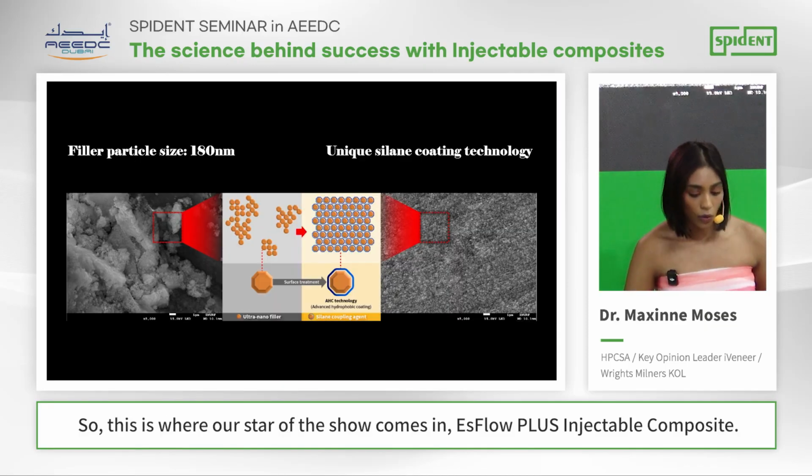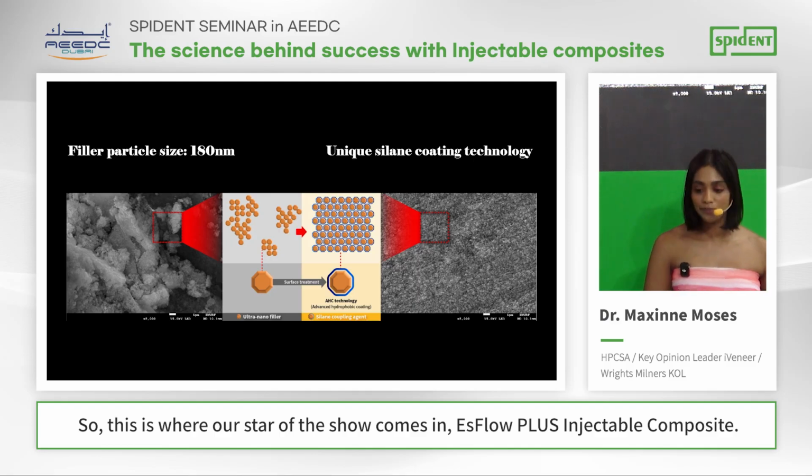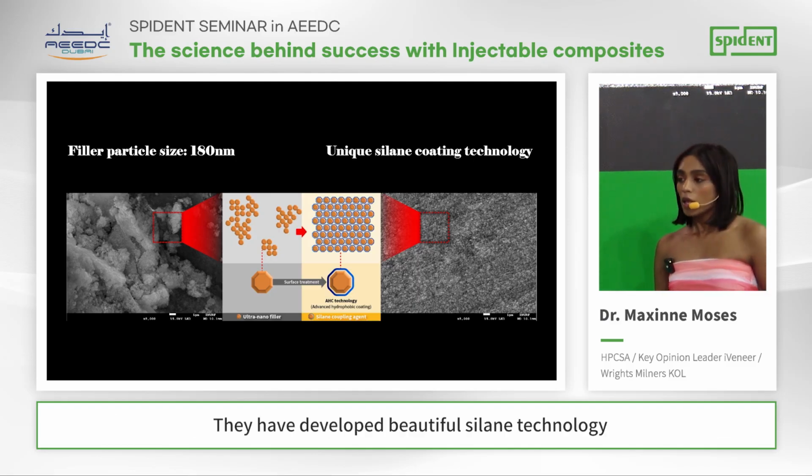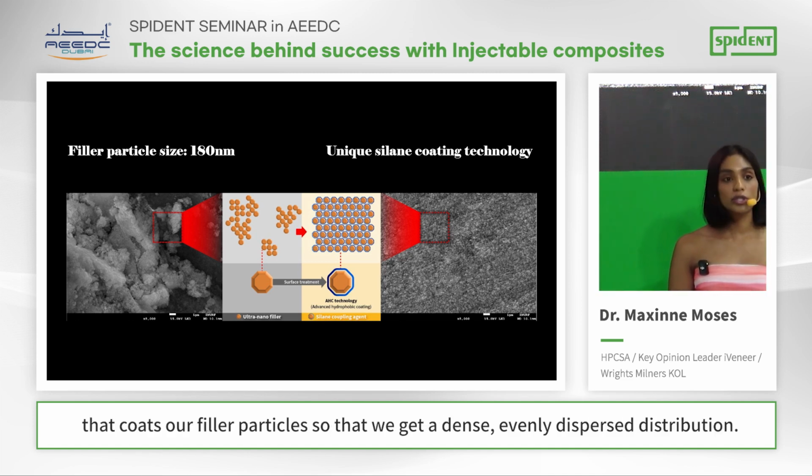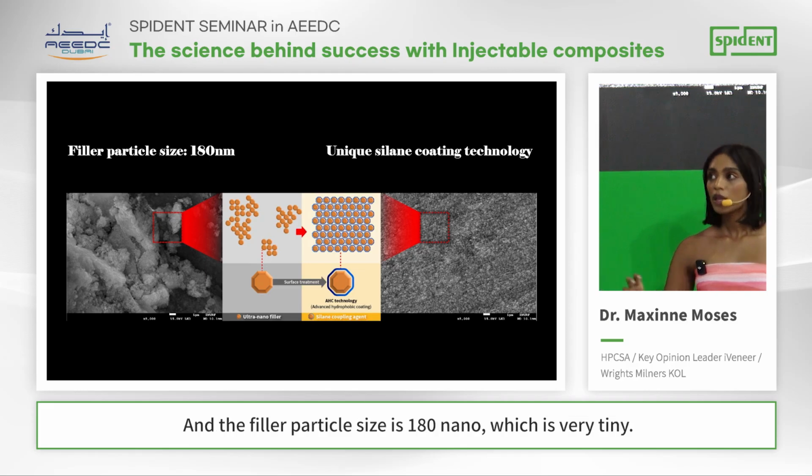This is where our star of the show comes in, S-Flow Plus injectable composite. They have developed a beautiful silane technology that coats our filler particles so that we get a dense, evenly dispersed distribution. And the filler particle size is 180 micron, which is very tiny.